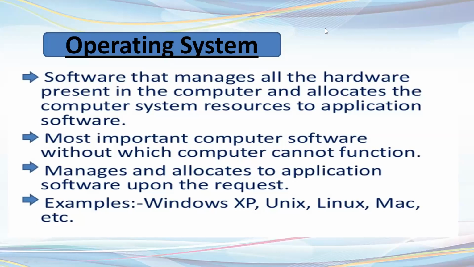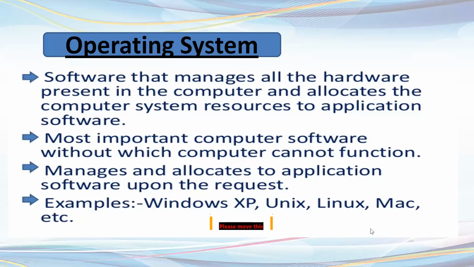I explained this point also in the previous class: what is allocation of the resources. Whenever you need to run any application, that application has to be in the main memory, or if you want to use a printer or a speaker, operating system will allocate that. Allocate means operating system will make that particular device available to you.